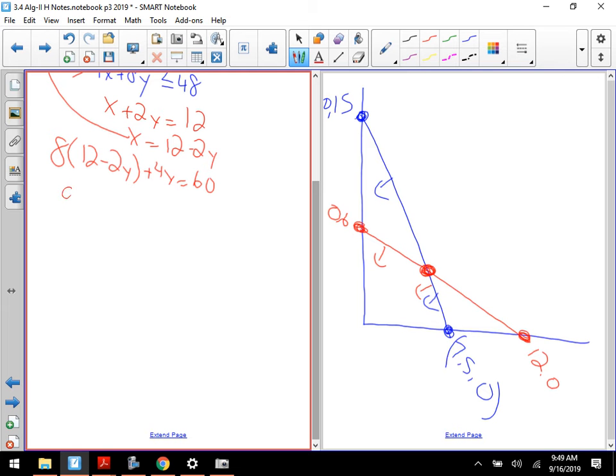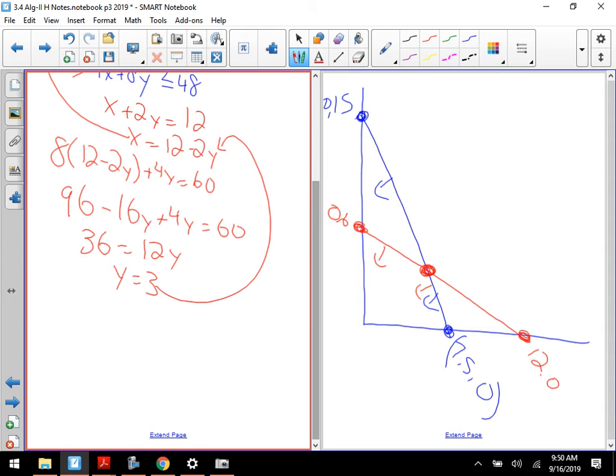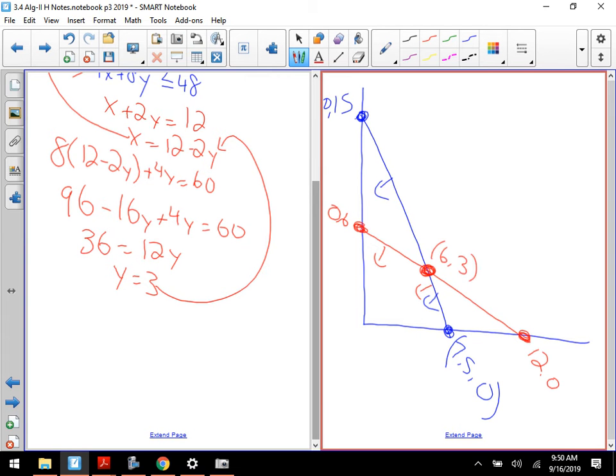Quick math here gives you 96 minus 16y plus 4y is 60. Move the 60, move the 12. We get 36 is 12y. Y is 3. What's your x value? Throw your 3 into here. What's 2 times 3? What's 12 minus 6? 6. So your value here is 6, 3.